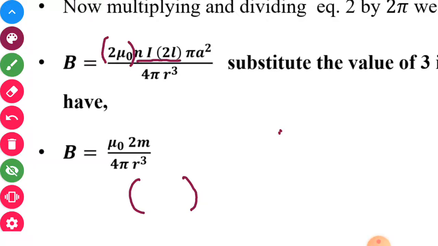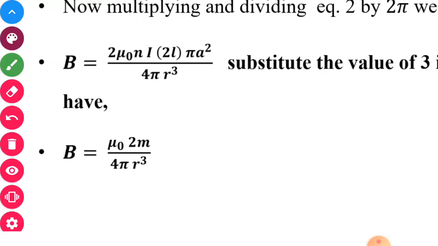This all is our magnetic moment, n into I into 2L into pi a square. Instead of this, we have written magnetic moment m. So m into this 2 is written as 2m, and in the denominator there is 4 pi r cube.